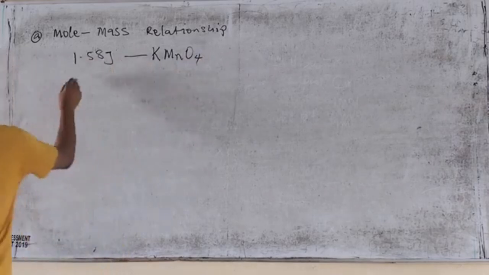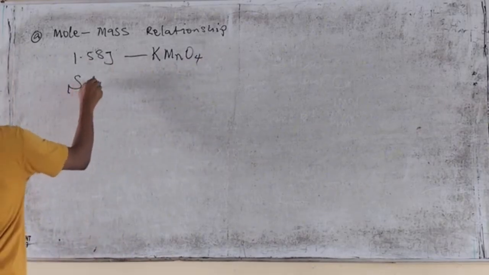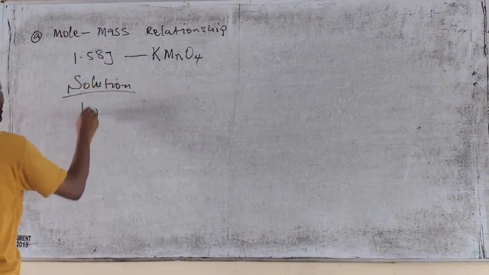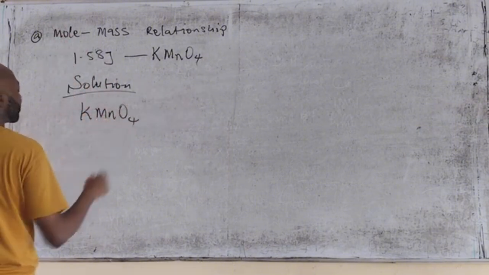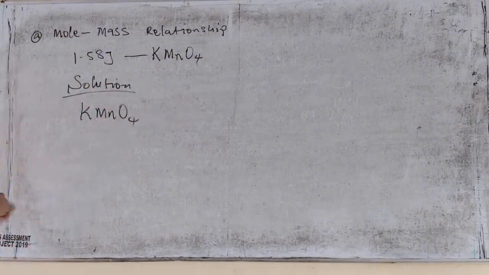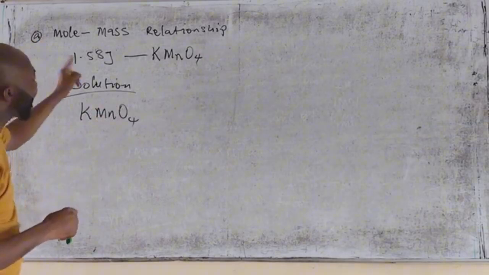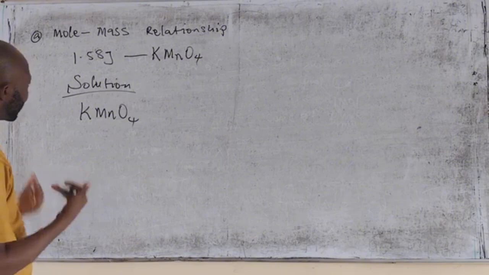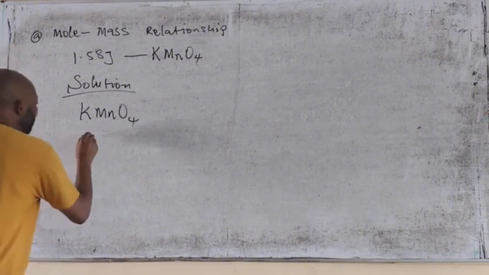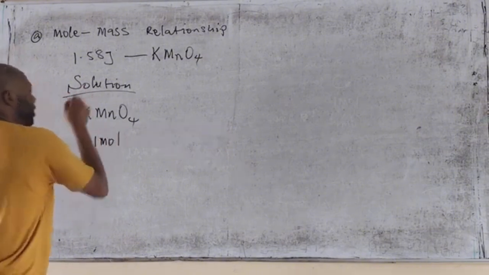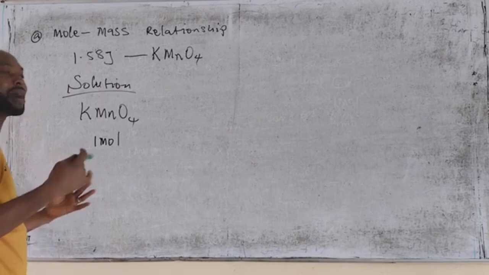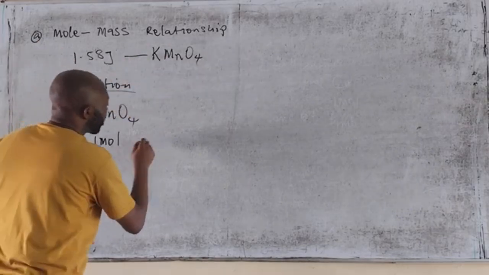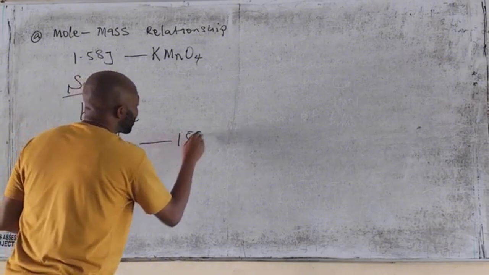So, solution. Now I have my KMnO4. It is a mole-mass relationship. That is the standard. So I want to begin. 1 mole of this is equivalent to how many mass of KMnO4? The relative molecular mass of this is equivalent to 158 grams.